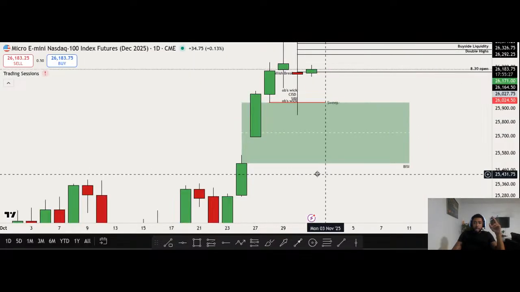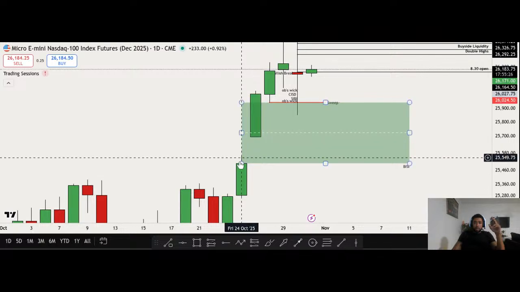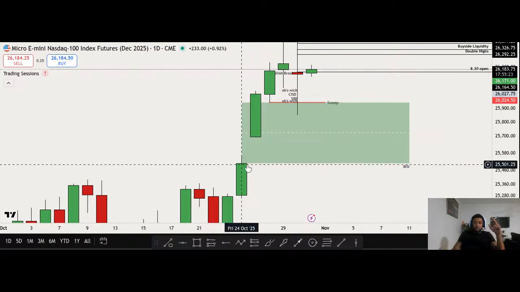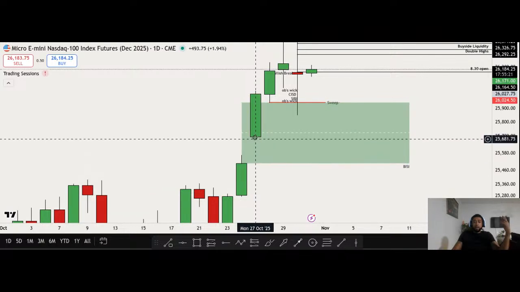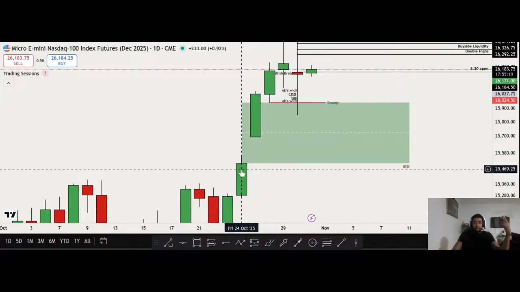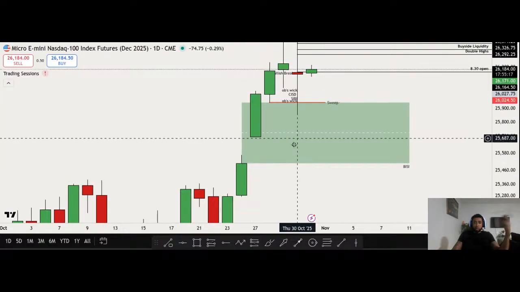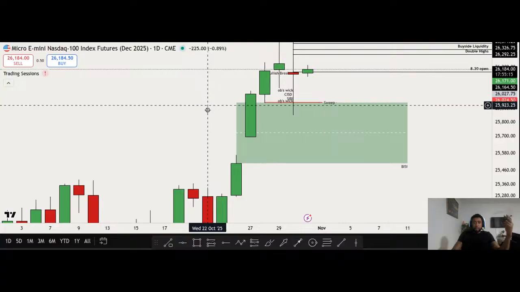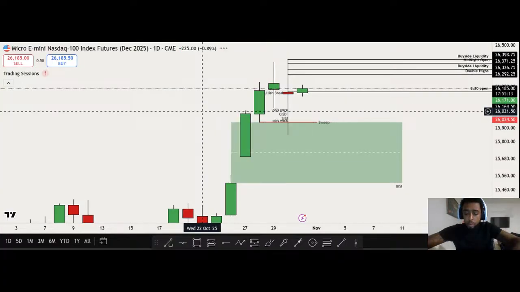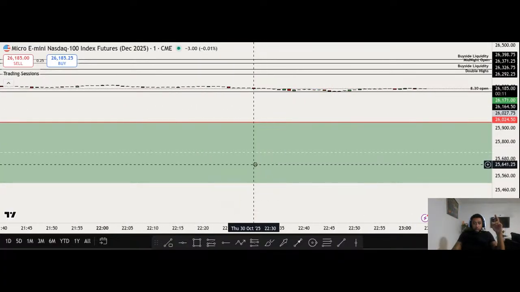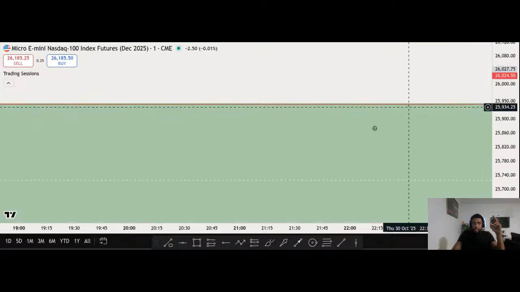We have a volume imbalance right here because this candlestick closed here and it opened here, so that's a volume imbalance. And then we have a fair value gap right here. So we have a volume imbalance coupled with a higher time frame PD array, which is that daily fair value gap.